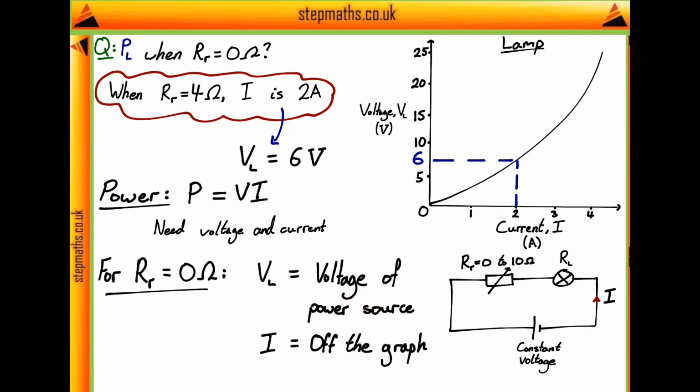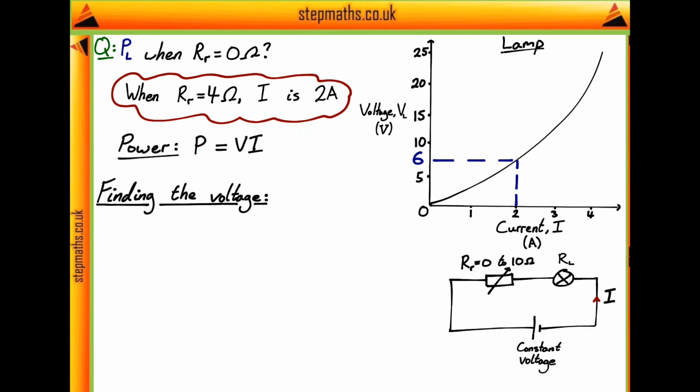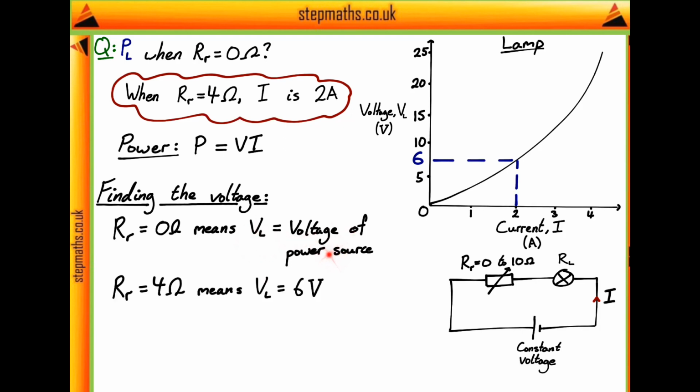Let's begin by looking at the voltage. As we just said, when the resistance of the variable resistor is 0, VL, the voltage across the lamp, is just going to be the voltage of our power source. But let's look at the situation we already know. We're told that when the resistance of the variable resistor is 4 ohms, the voltage across the lamp is 6 volts. But there's also going to be some voltage across the variable resistor, which we're not told at all.